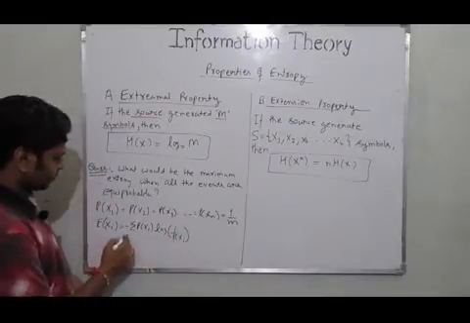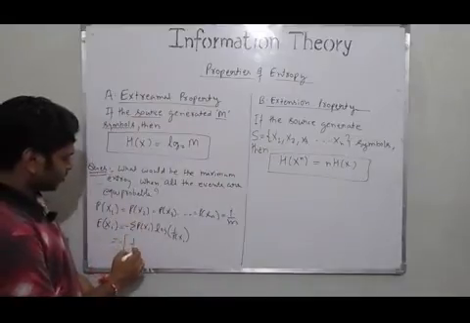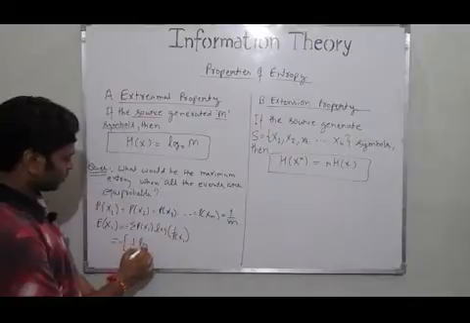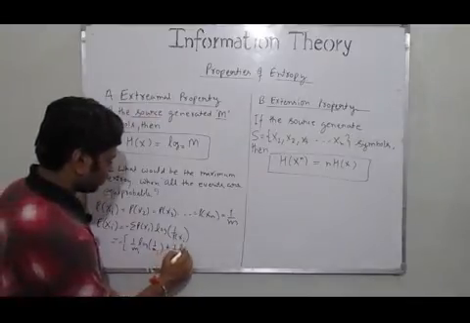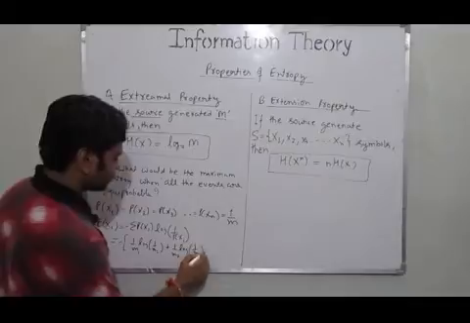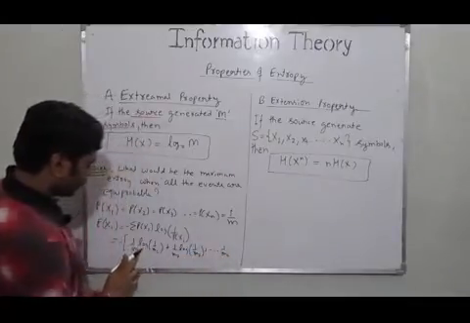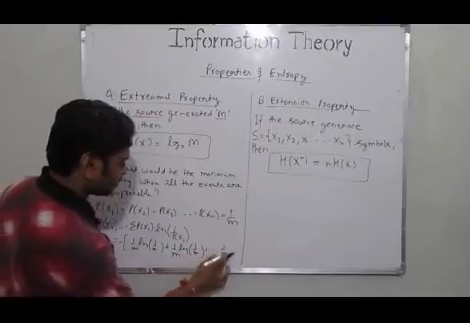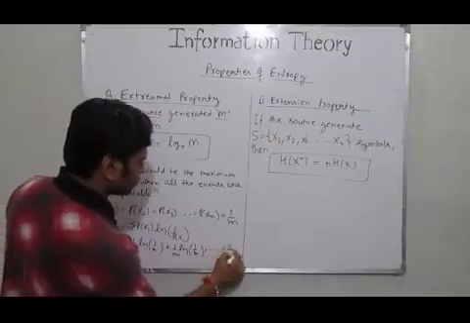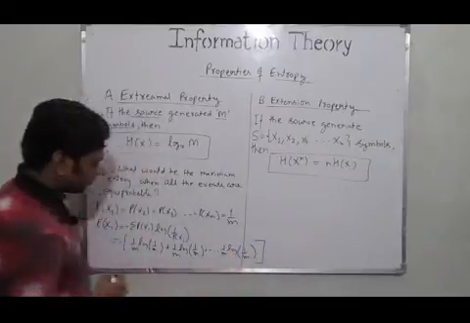So the probability is 1 by m: 1 by m log 1 by m, 1 by m log 1 by m, and so on, up to m terms. All are with the same probability. Fine? So log 1 by m. So what would be the outcome?